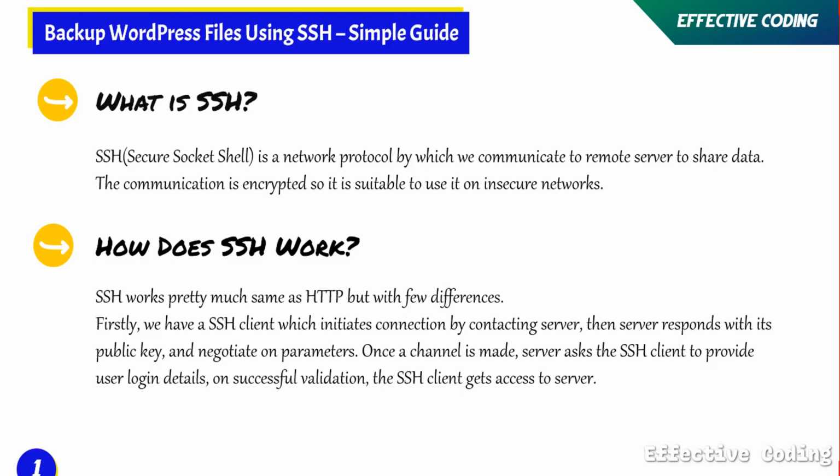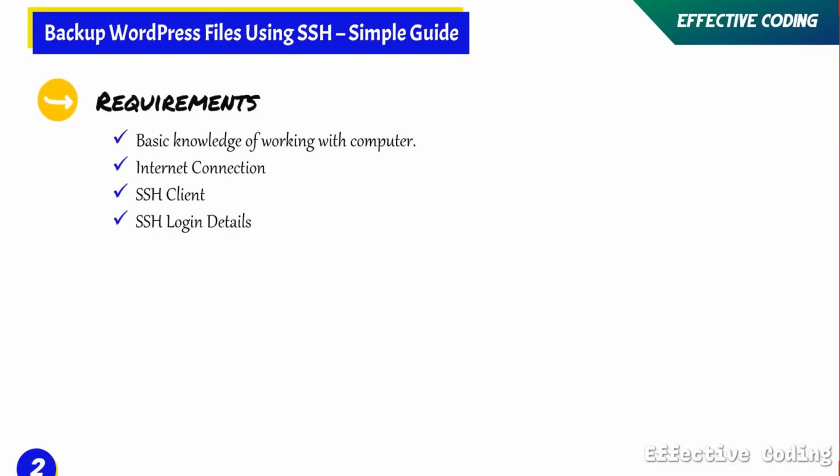Now, before we start teaching you how to create a backup of your WordPress files, there are a few requirements you must meet. First is you must have a basic knowledge of working a computer, like how to use software. Second, you should have an internet connection so that we can connect to a remote server. Then if you are on Windows, you must have OpenSSH installed on your local machine or any other SSH client.